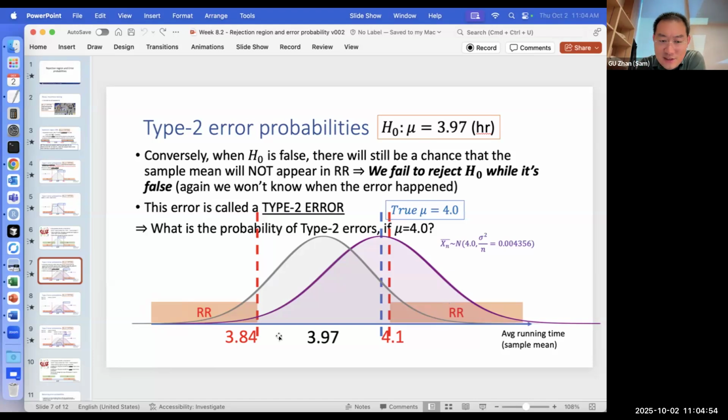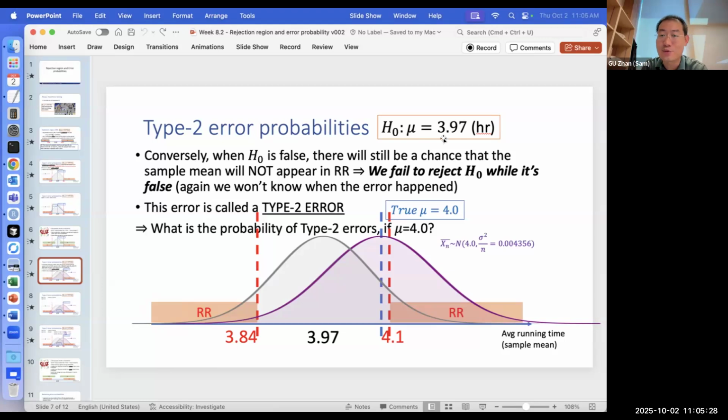If due to some reason you have a sample mean calculated at 3.6, when the true mean is 4.0, it's a bit extreme, but it's still possible. Then it goes to the left side of the rejection zone, and you still reject it. That means the true mean of 2019 is different from 3.97, which is right, because the true mean is 4.0.